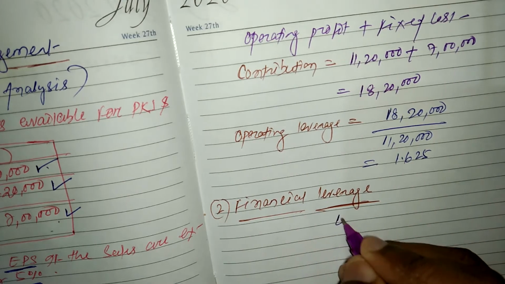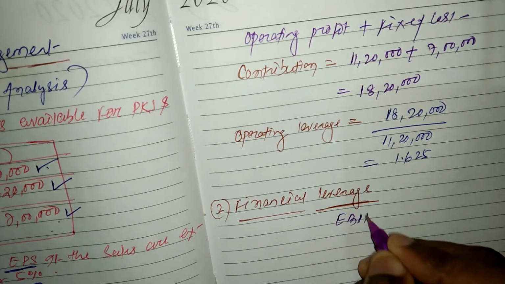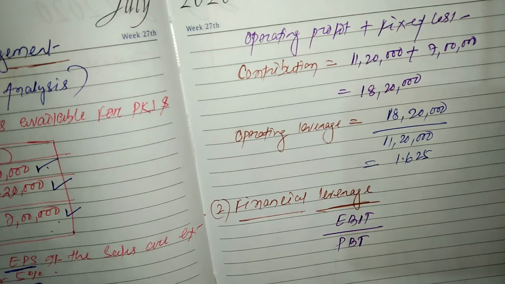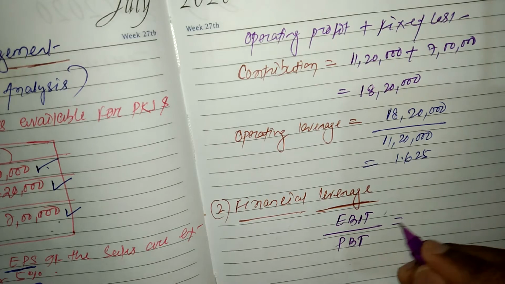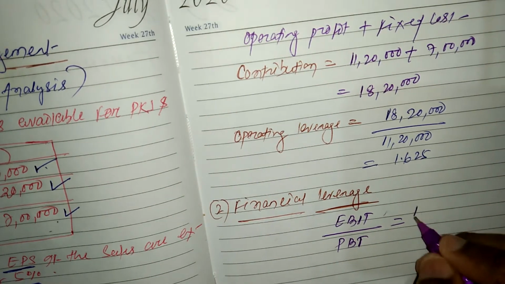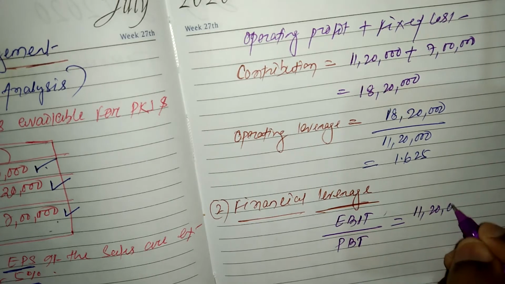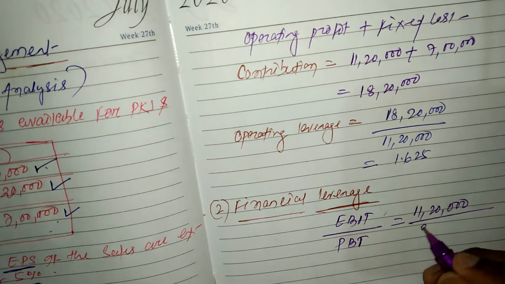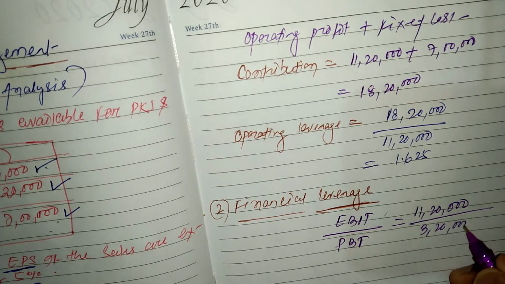EBIT is already given in the question as 11,20,000, and profit before tax is given as 3,20,000.